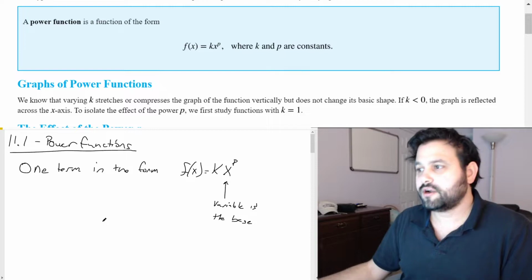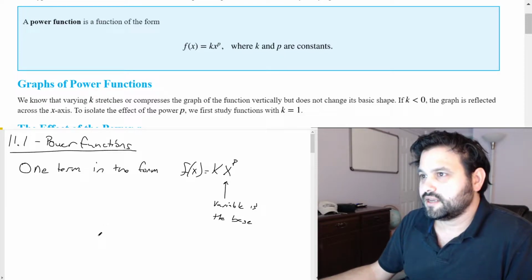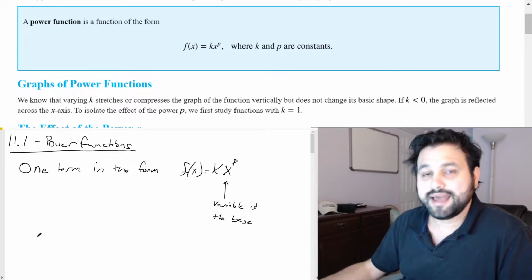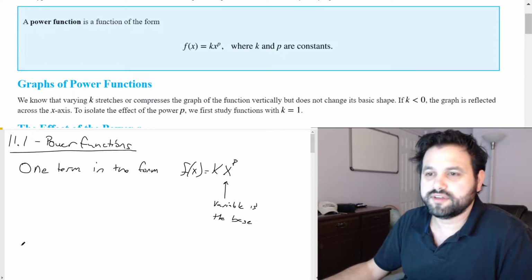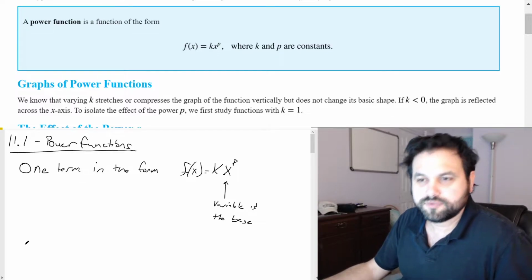Now, what we're going to be talking about in terms of power functions is the end behavior of certain types of power functions. I'm not going to get into all of them because we're just going to go over the ones we need.